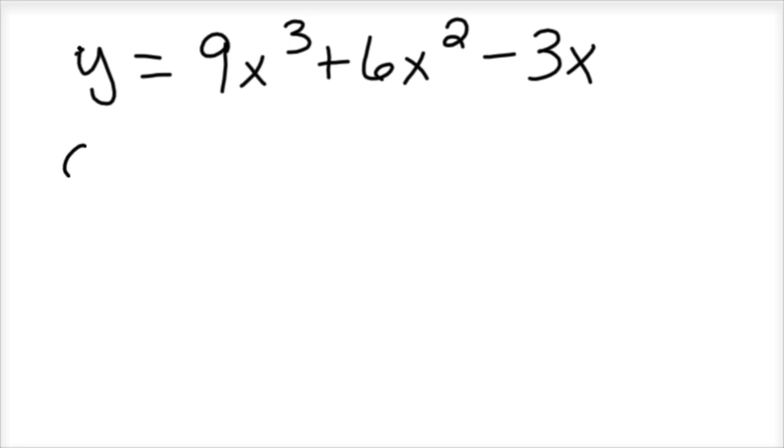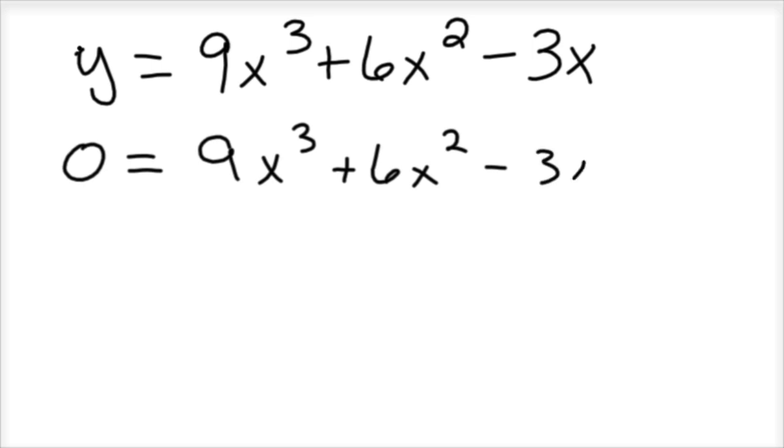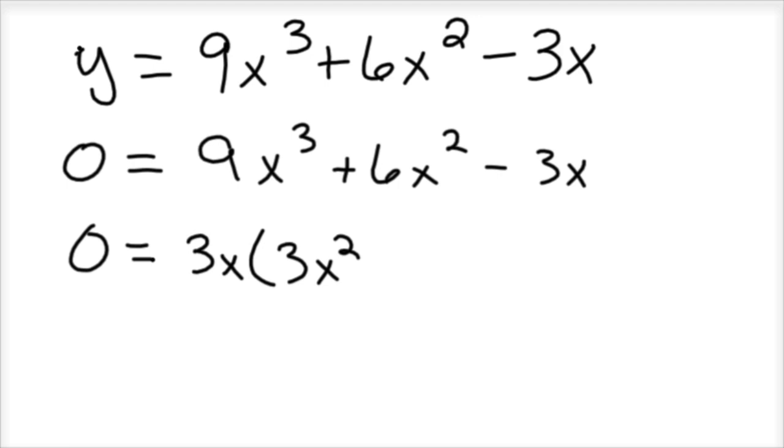The first thing again, we set that function to 0, so you'd have 9x cubed plus 6x squared minus 3x. You would then factor out your greatest common factor, which in our case would be 3x. So we'll pull the 3x out, which would leave us with 3x squared plus 2x minus 1.